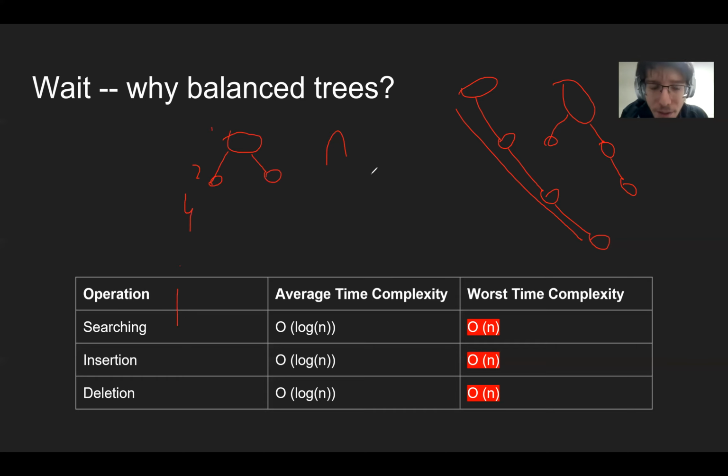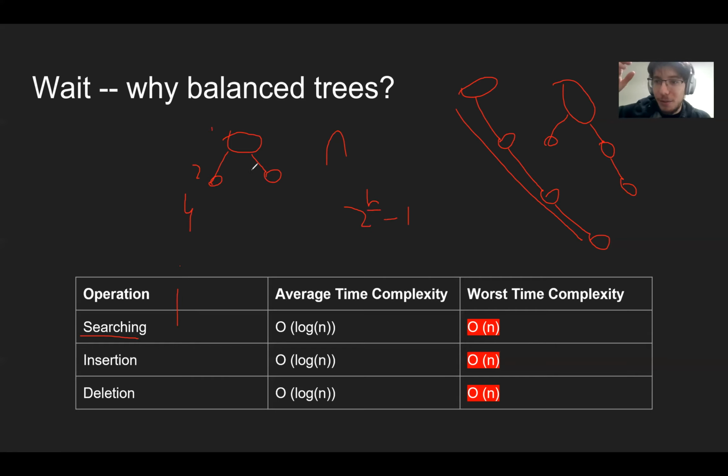Then how many things do we actually have? Well, if we sum them up, we talked about this last week, it's 2 to the h minus 1 in the tree. And if the height of the tree is h, how many things do we have to check in order to search to find an element?